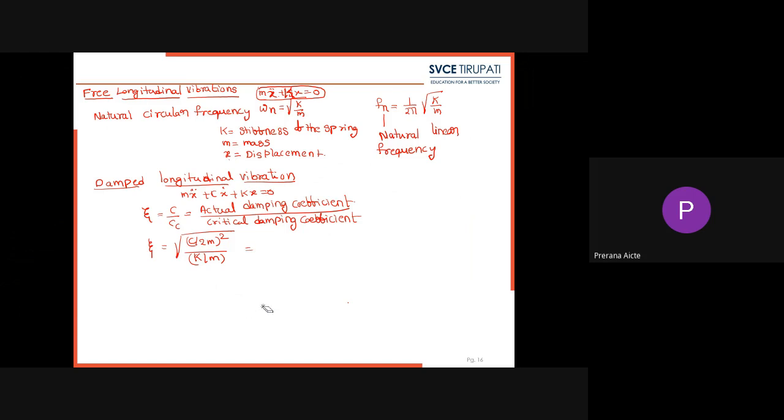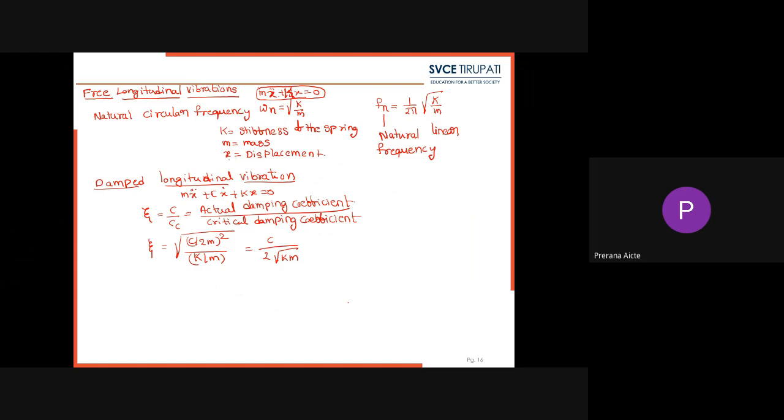And if you simplify that, it is nothing but C by 2 root of K into M. K is the stiffness, M is the mass, and C is the actual damping coefficient.